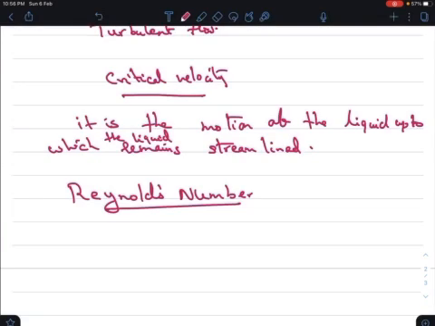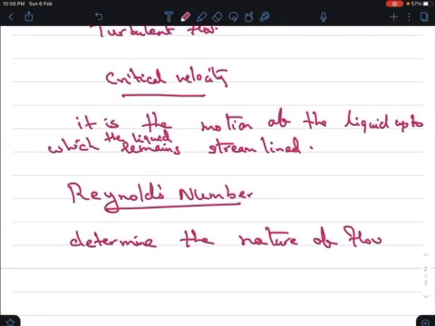It allows us to determine the nature of flow of viscous fluid through a pipe.